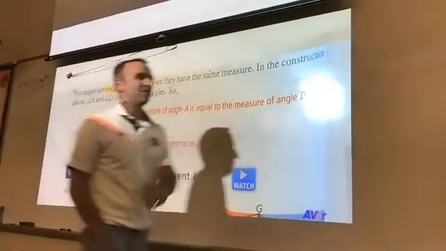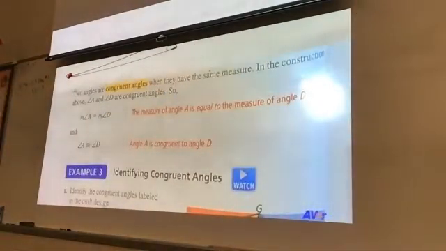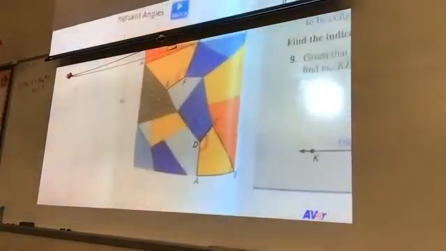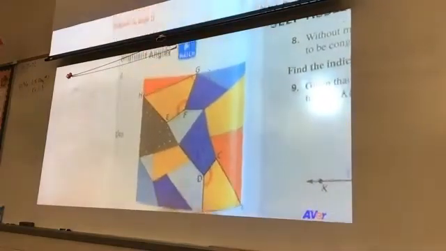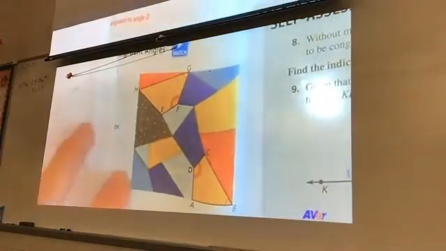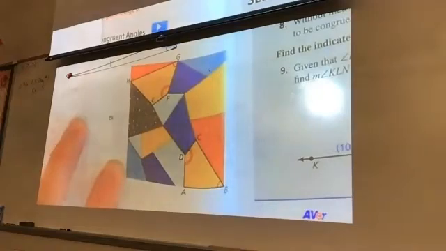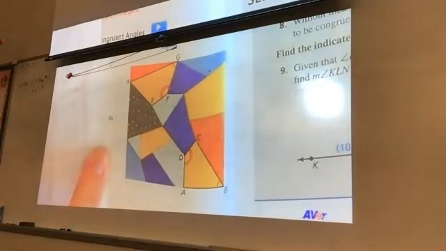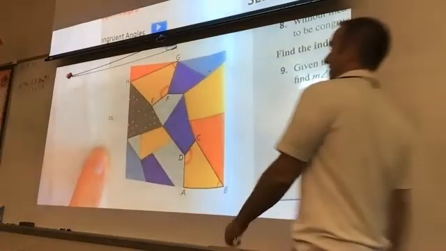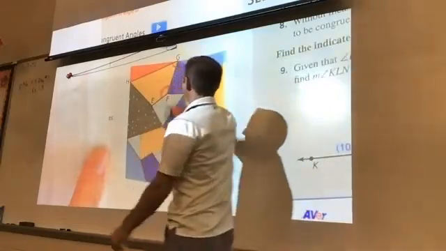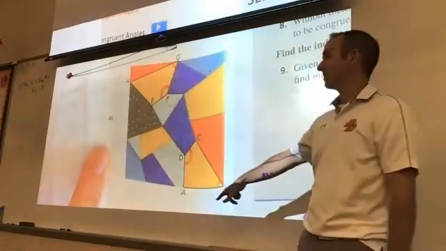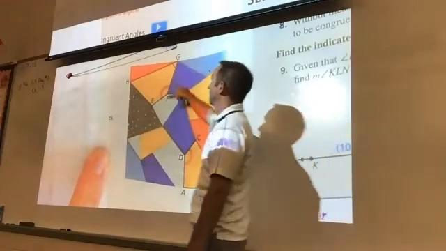In terms of identifying congruent angles from a picture standpoint, we're looking for what are called arc marks. Just like we had tick marks before, we have arc marks now. Our arc marks have to match up with the number of arcs. So angle G and angle B match up because they both have one arc.